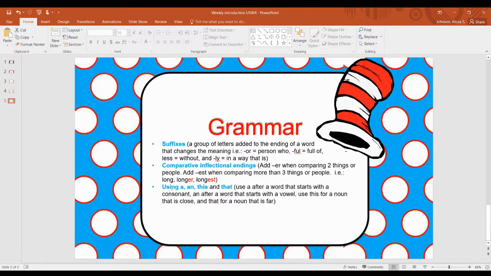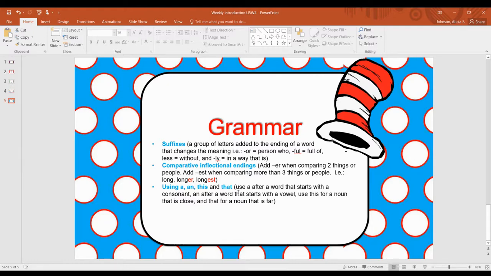Next, or the last thing we're going to talk about this week is using a, an, this, and that. And typically, we use a after a word that starts with a consonant, such as I am a construction worker. We use an after a word that starts with a vowel.